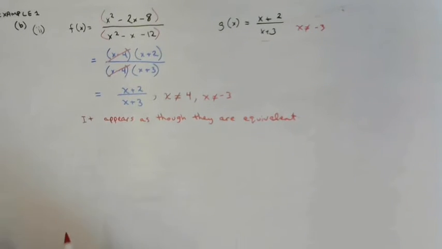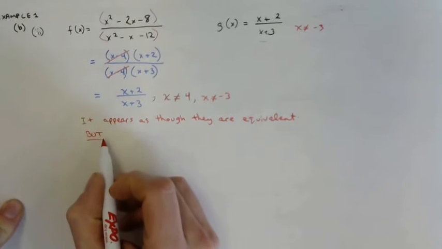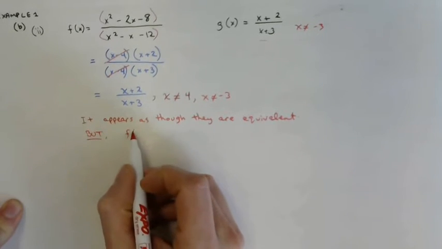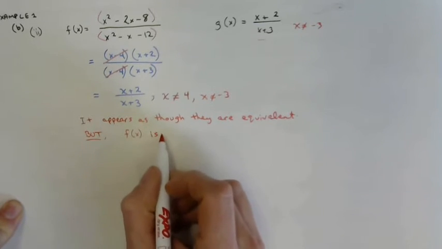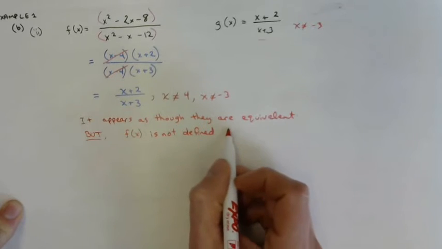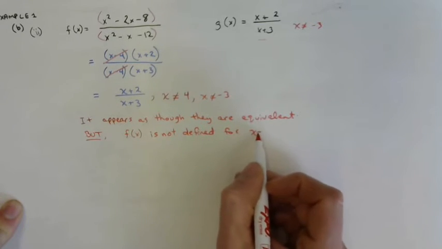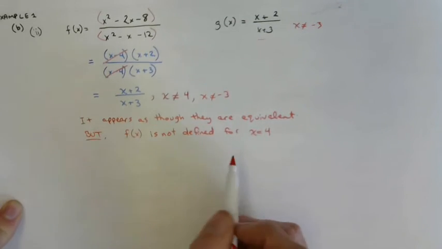Okay, let's finish this sentence. It appears as though they are equivalent, but, B-U-T, underline, capital letters, f of x is not defined for x equals 4. That means if you sub in x equals 4, the equation blows up. No, it means there's a gap there.